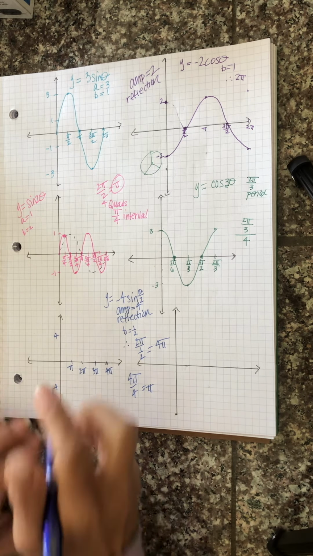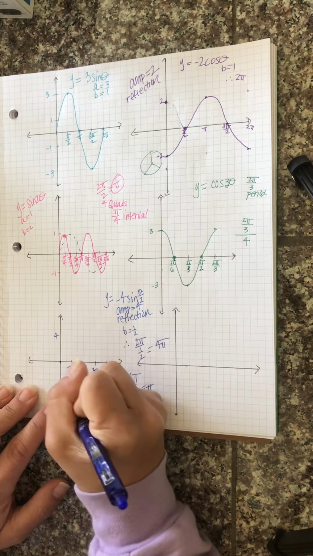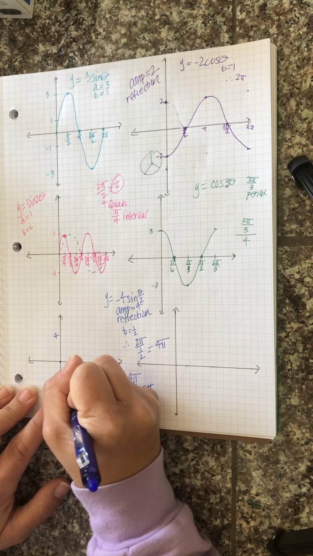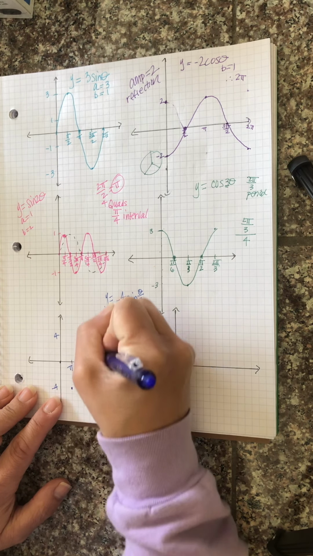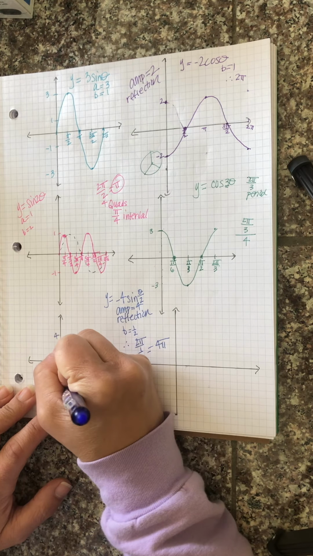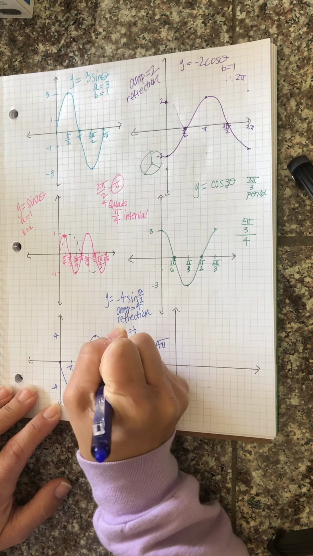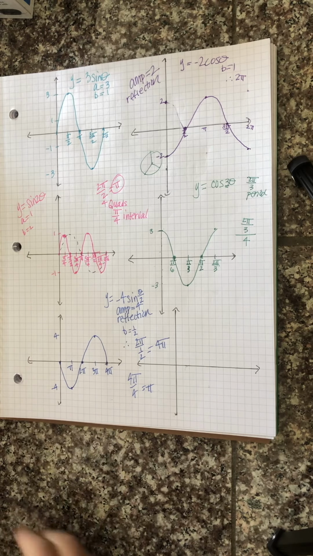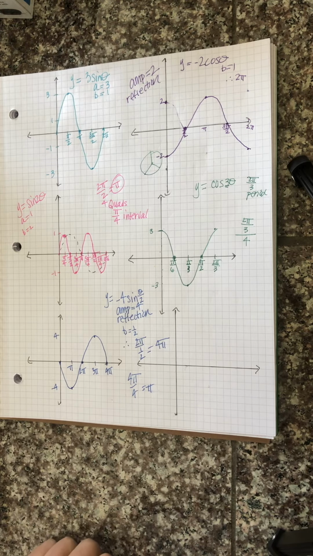And it's a reflected sine curve. So it starts at the origin, goes down to the minimum, back to the axis, up. And there is graphing with amplitude and period changes.